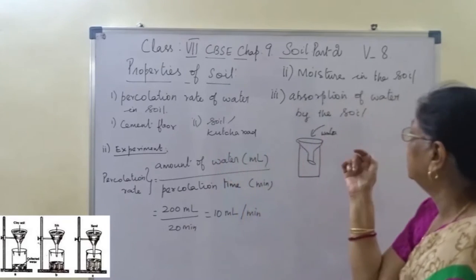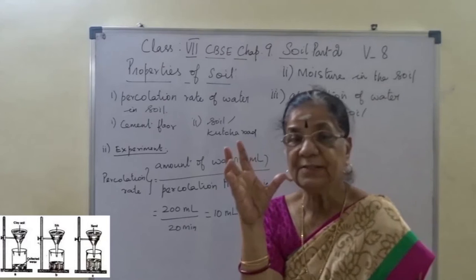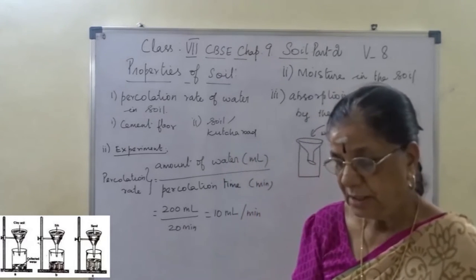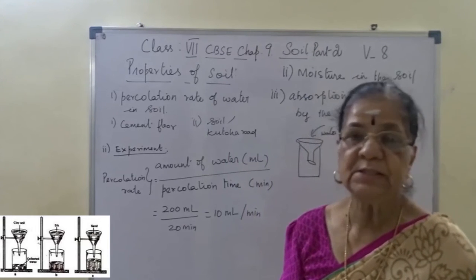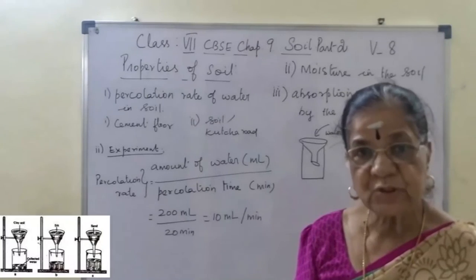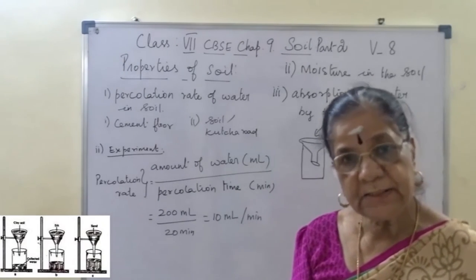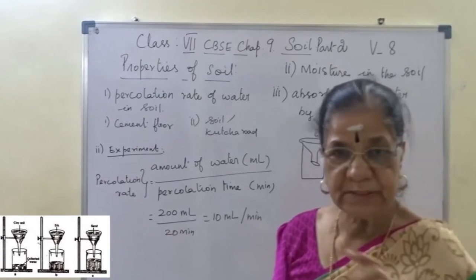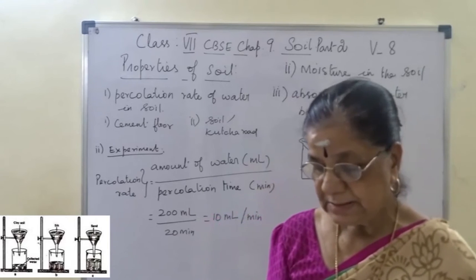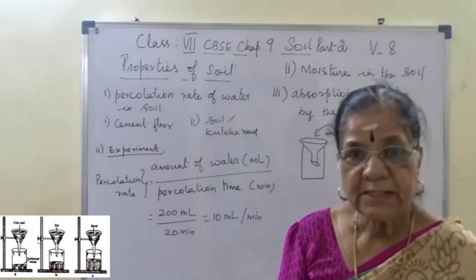Now the third experiment, absorption of water by the soil. It is 50 grams. Here, do all soils absorb water to the same extent? There are 3 types of soil: sandy soil, clayey soil and loamy soil. Loamy soil normally has silt and clay.